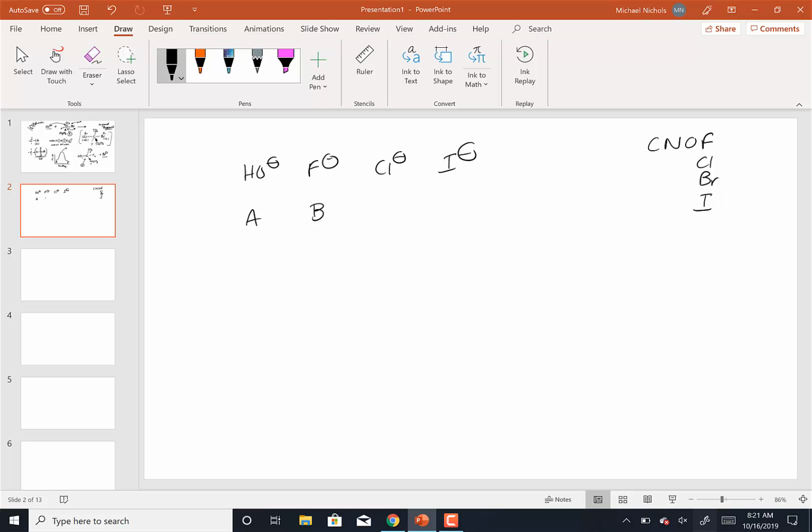I'll give you your choice of A, B, C, or D. If you have your cards, and I did bring extra cards, which one would be the strongest nucleophile?